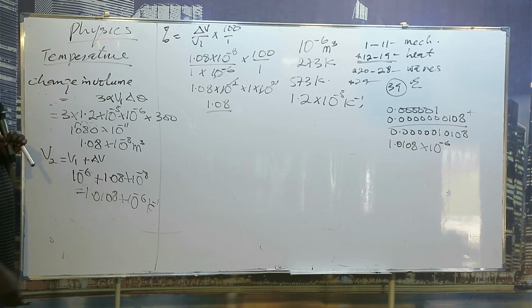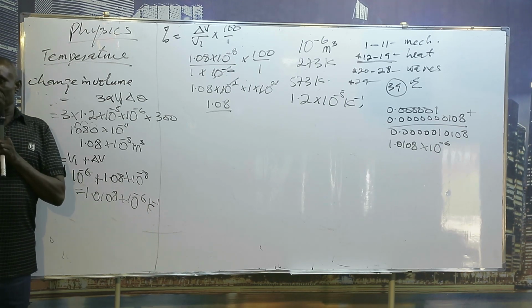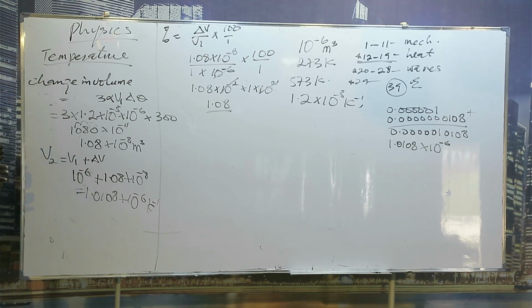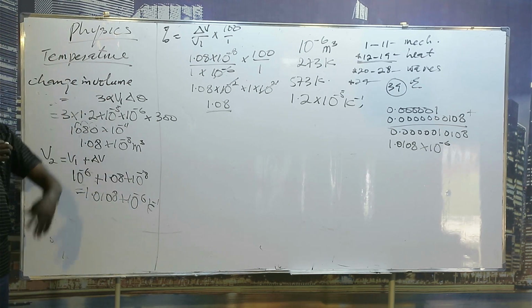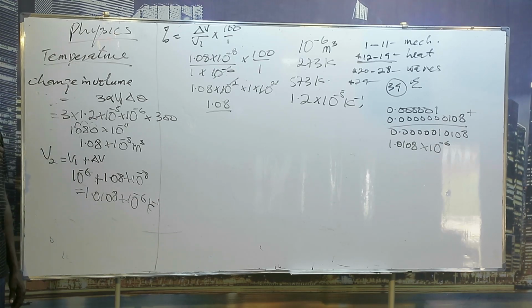Up to now, some are still looking for variation in length, area, volume, and all that. But I explained all these things. I told you, please, take them down, go through them. Hence, if they ask you anything concerning final, get the variation, add it to initial, and you go on. You go direct.